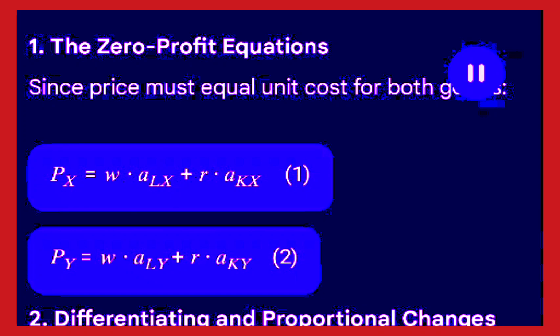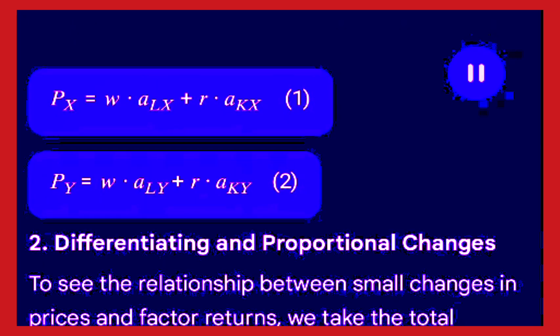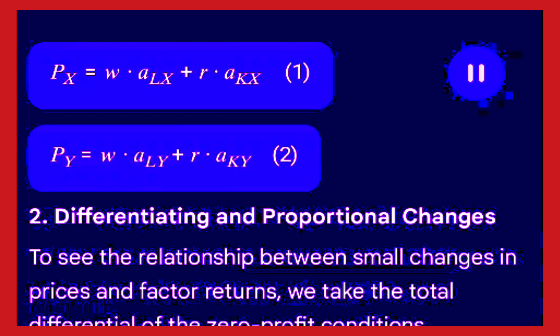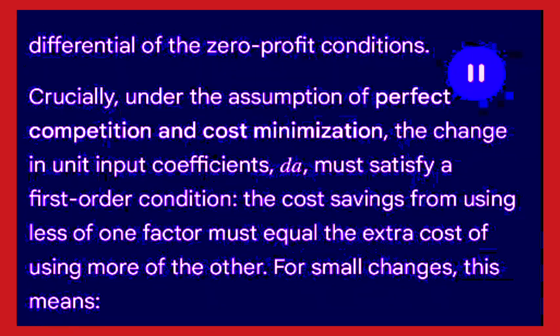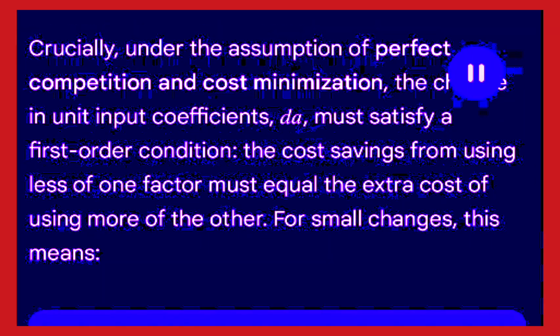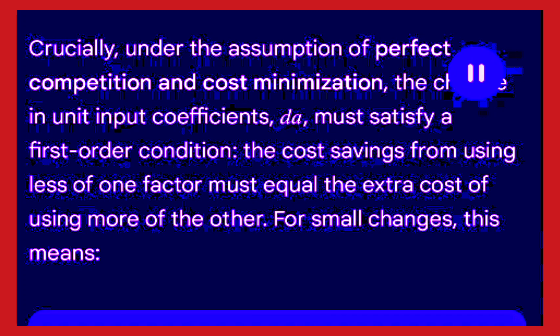2. Differentiating and proportional changes. To see the relationship between small changes in prices and factor returns, we take the total differential of the zero profit conditions. Crucially, under the assumption of perfect competition and cost minimization, the change in unit input coefficients dA must satisfy a first-order condition.